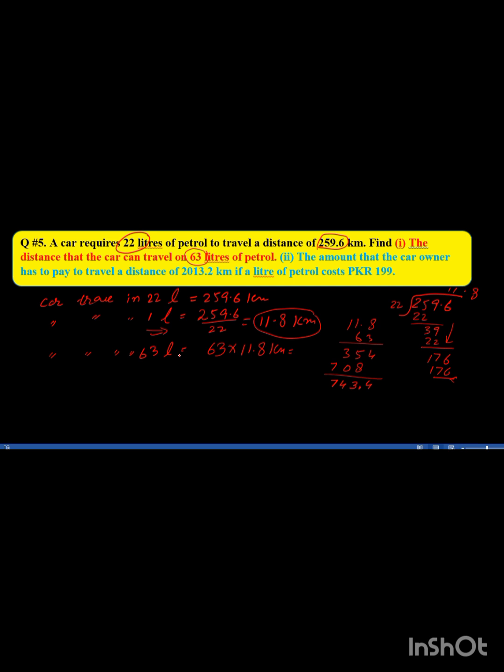Put a point after one decimal place. So our answer is 743.4 kilometers. Means the car travels 743.4 kilometers in 63 liters. So clear?